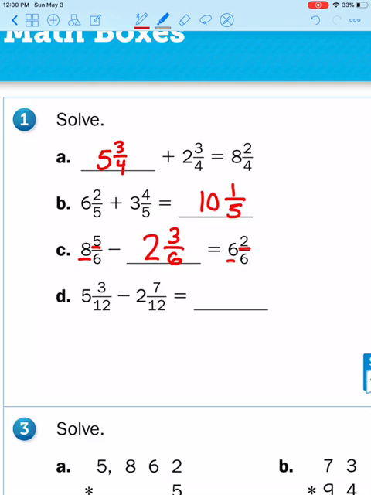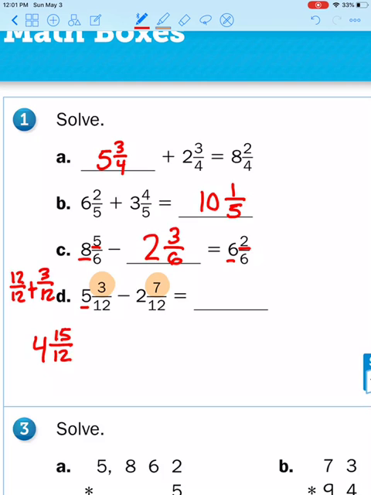So here, for D, we have to turn these into mixed improper fractions, because you can't do 3 minus 7. Now, you could do this 2 ways. You could just take one whole. So if you make that 5 4, that means you took out 12 twelfths plus the 3 twelfths would give you 15 twelfths.